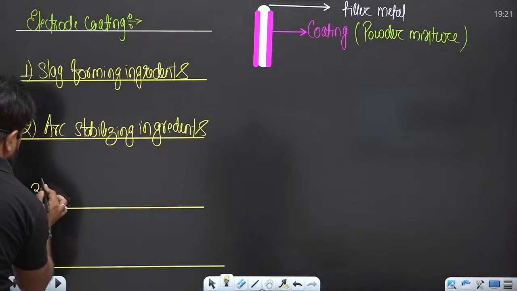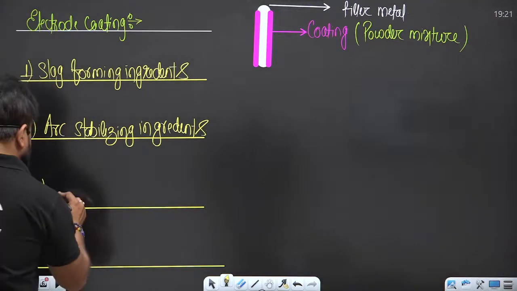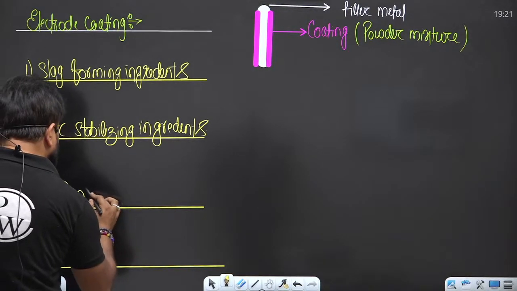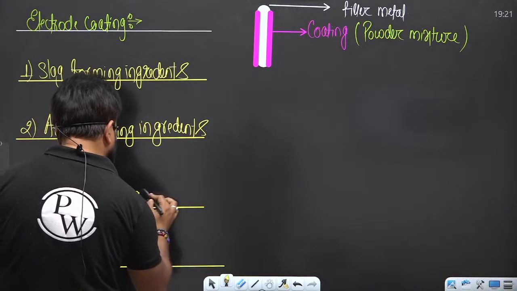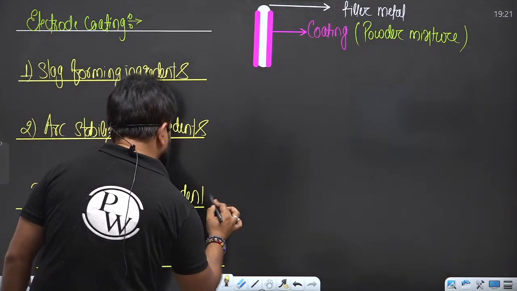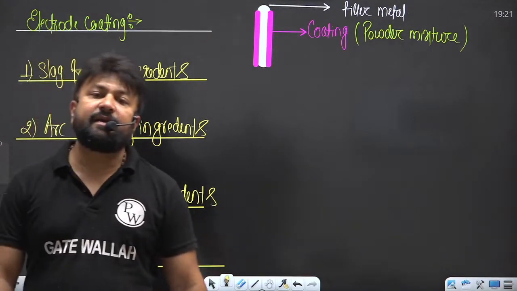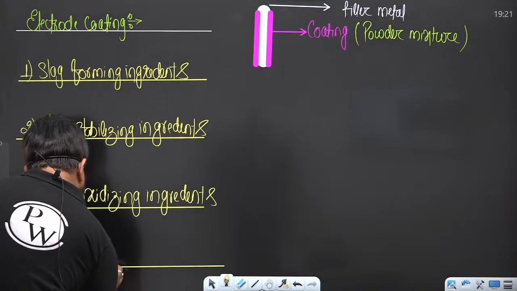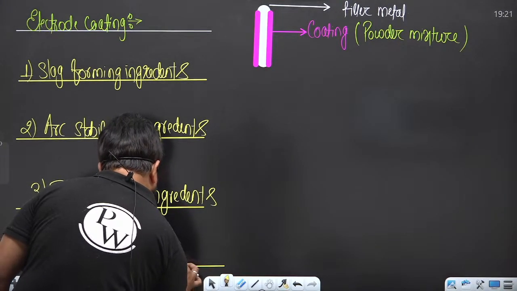Number three is the deoxidizing ingredient. Number four is the binding material.